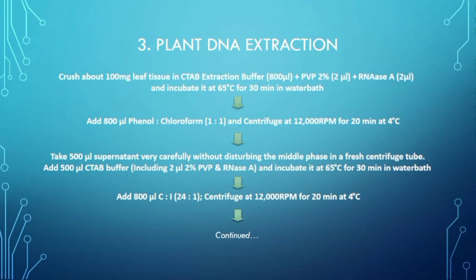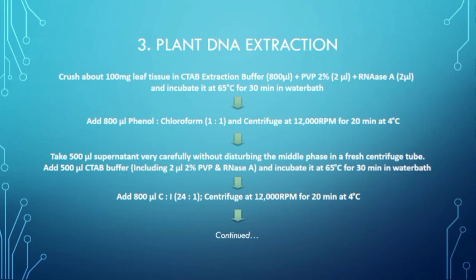The second step, after 1 hour, is to take 800 microliter of phenol chloroform solution, 1:1. After adding this, centrifuge at 12,000 rpm for 20 minutes at 4 degrees centigrade, or you can also do it at room temperature.